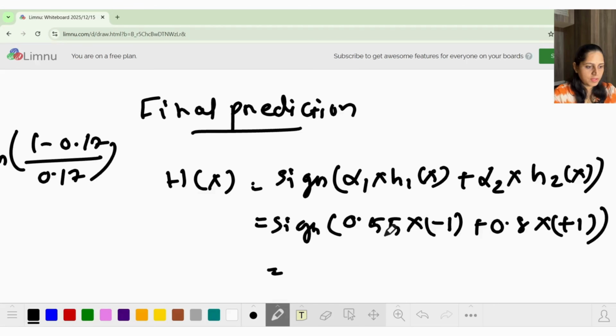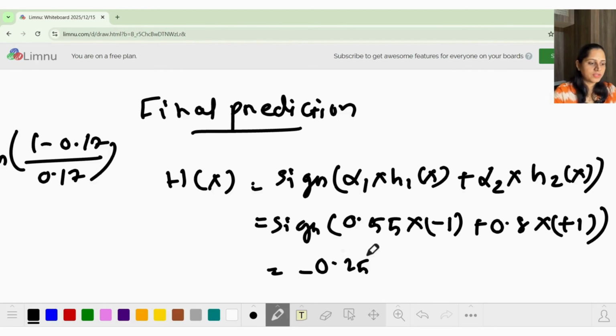So if we take the sign of it, what is the output we are getting? Almost the value is minus 0.25. Now you should understand why we are using sign of. You need to understand to which class it belongs, and for that we always use sign of.